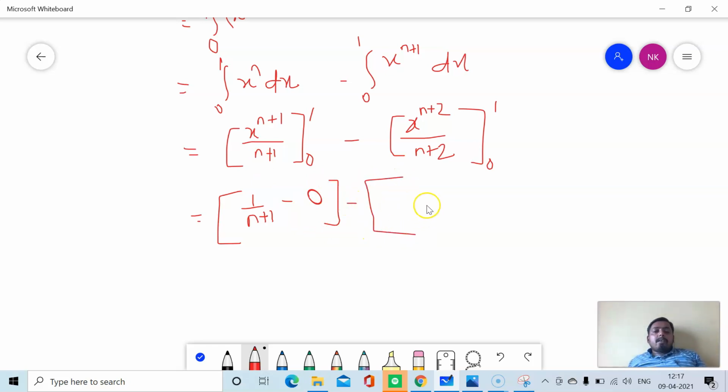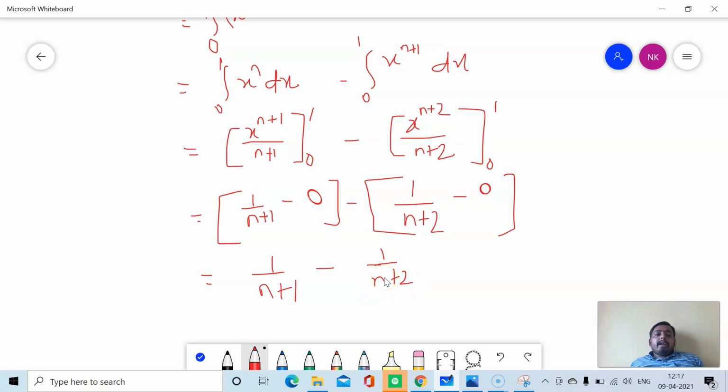Minus 1 to the power n plus 2 is 1. 1 divided by n plus 2. Minus 0 to the power n plus 2 is 0. 0 divided by anything is 0. Okay. Next, it will become 1 upon n plus 1 minus 1 upon n plus 2.